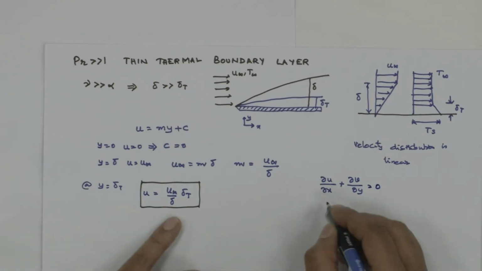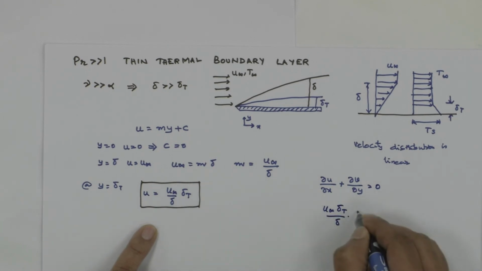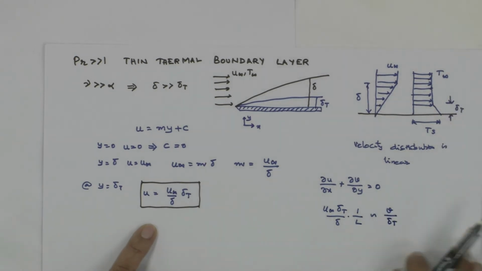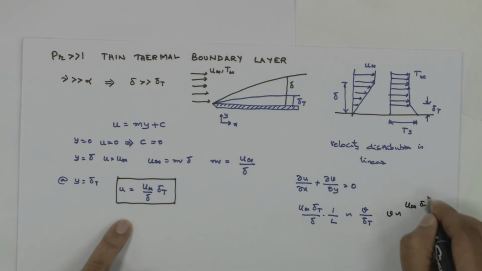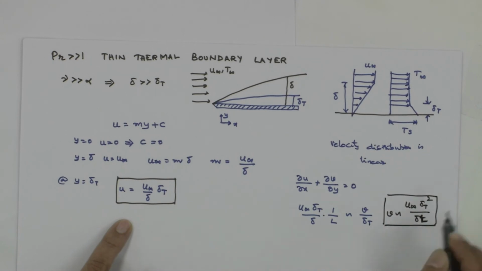So you have scale of u is u infinity delta t by delta into 1 upon x, which is L, and v is what I am looking for, and y is delta t. So v scales down to u infinity delta t squared upon delta L. Let's keep it like that.